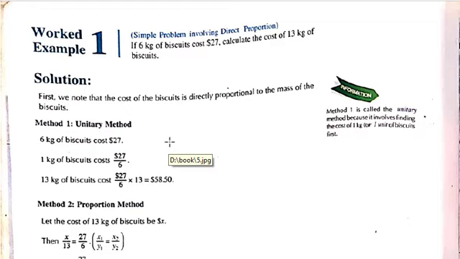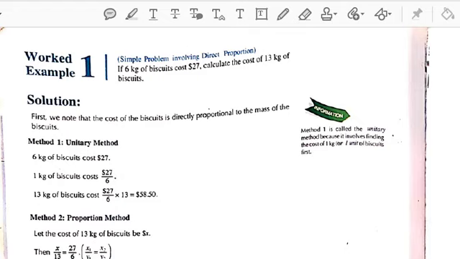Okay, come to the point. The question is given: if 6 kg of biscuits cost $27, calculate the cost of 13 kg of biscuits.